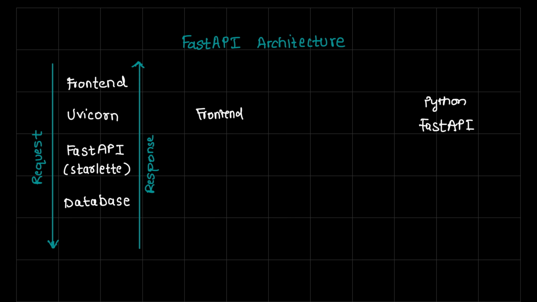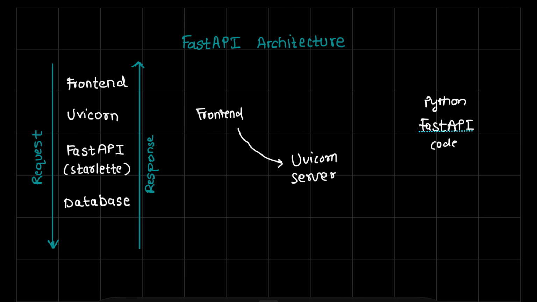When the front end sends a request, it will not go directly to your FastAPI code. Instead, there will be an intermediate server, which is known as the Uvicorn server. The front end request first comes to the Uvicorn server, and then it goes to your actual FastAPI code.